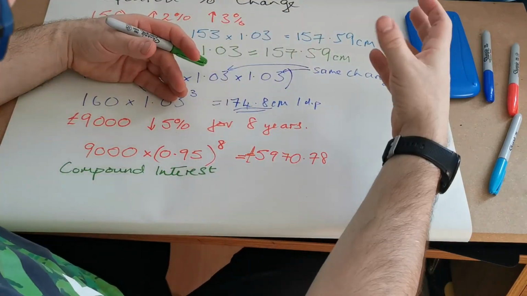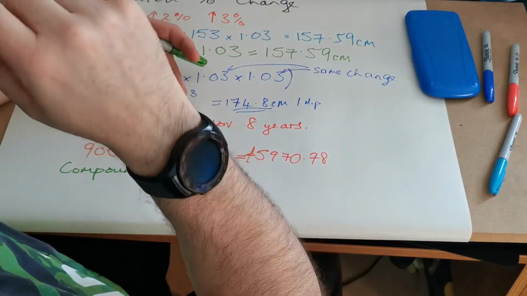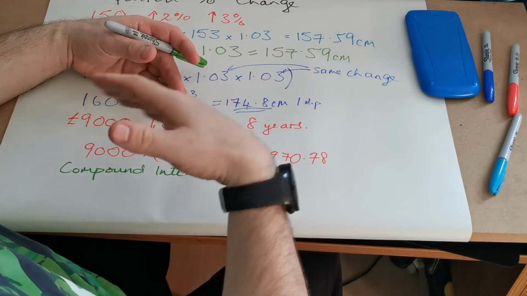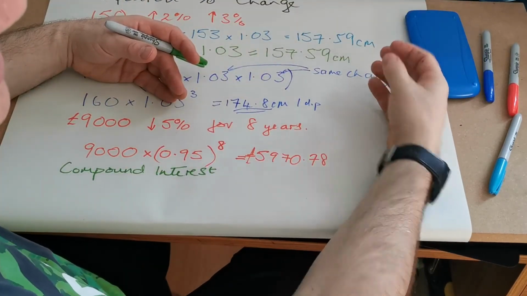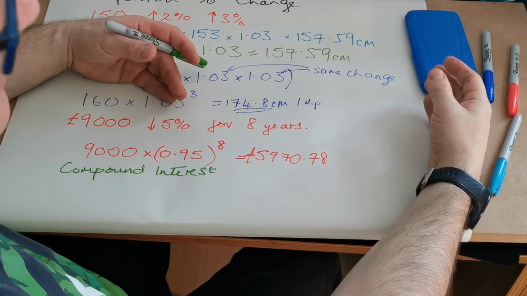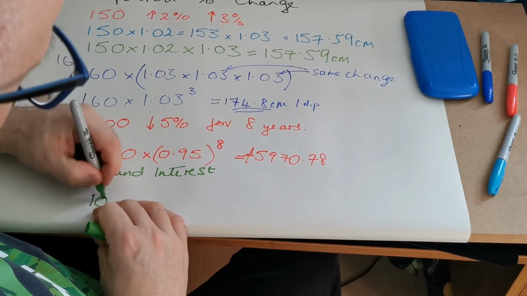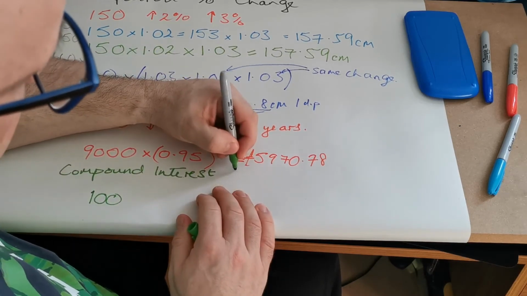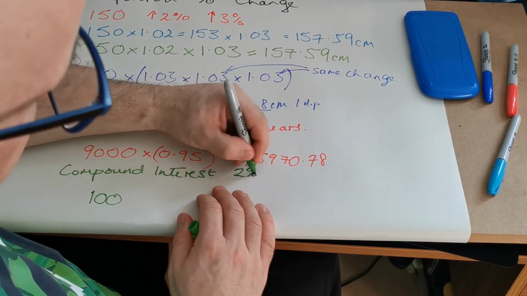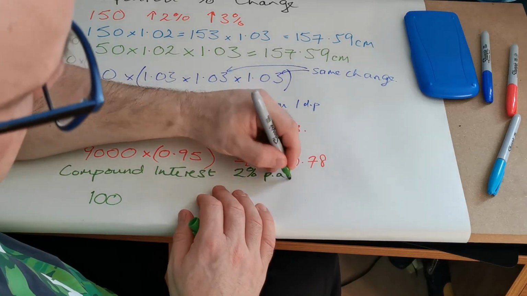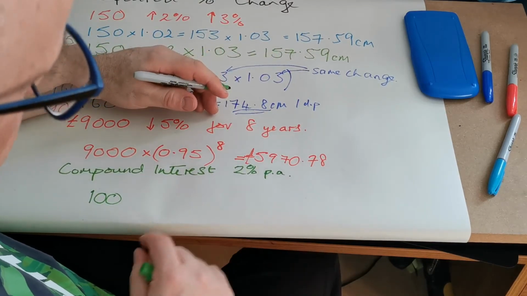So they pay you interest back. So for example, if you put £100 in, they might give you 2% on that £100 for that year that you have it in. Well, let's say you put £100 in the bank and the interest rate was 2% PA. That means per annum. That's Latin, it means every year.